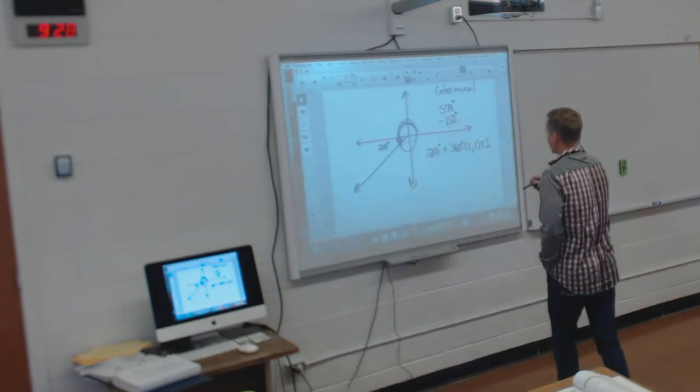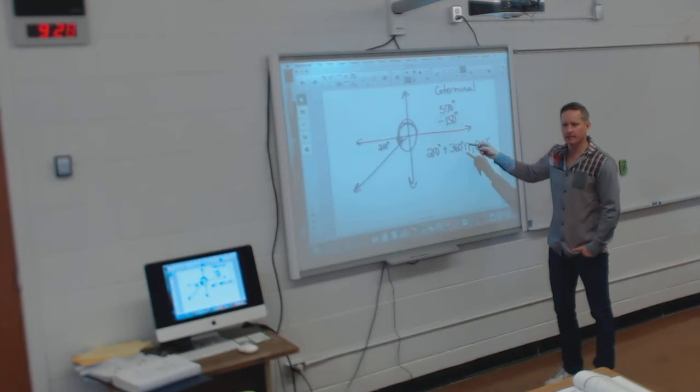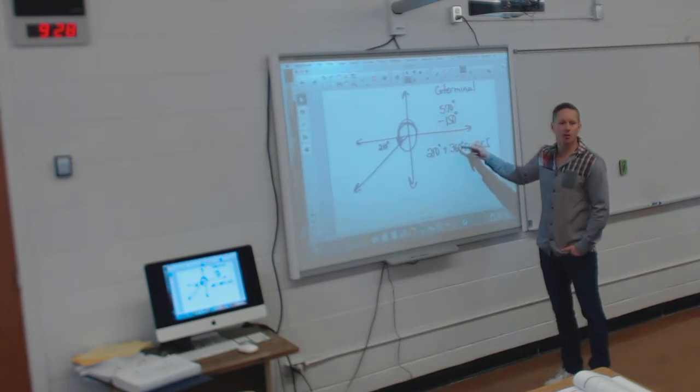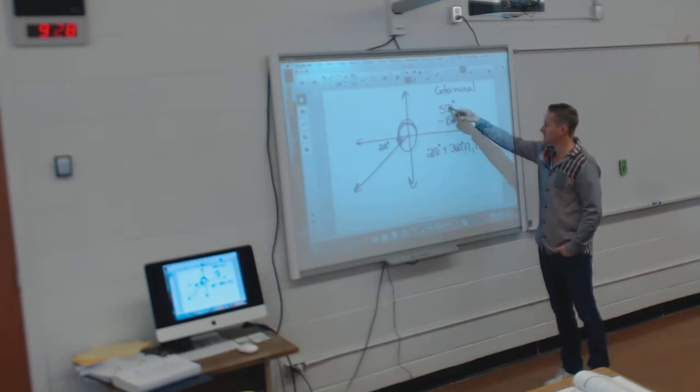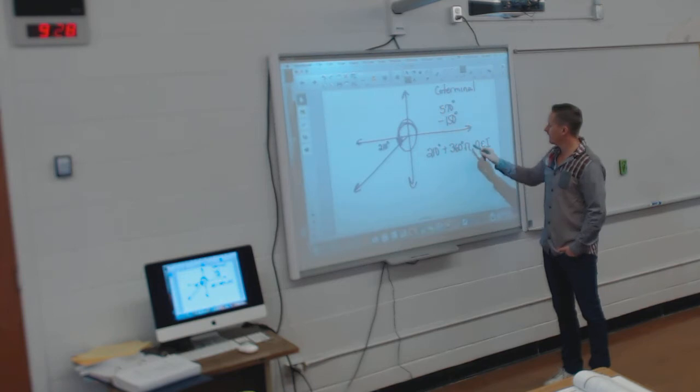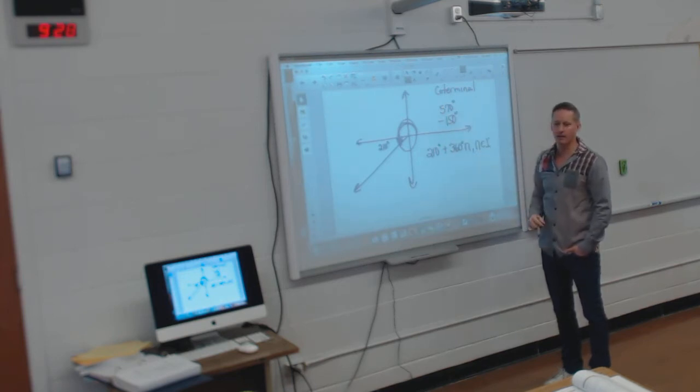So what that means is n represents the number of times you go around the circle in a positive and a negative way. So if n was 1, that means I go once more around the circle. 210 plus 360 gave me 570. If n was negative 1, we got to negative 150.